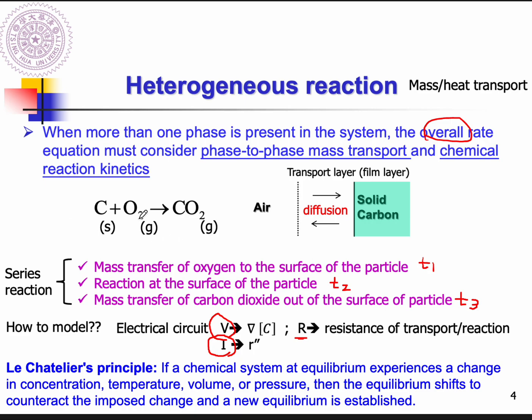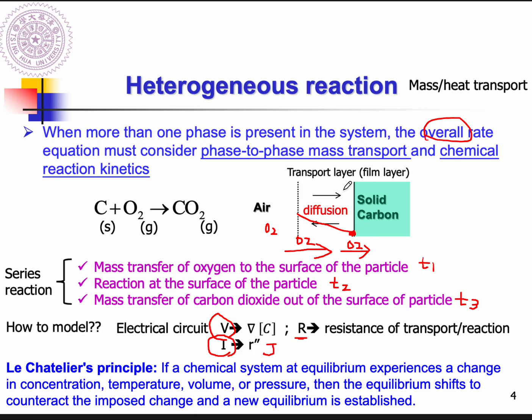What drives these reactions is the oxygen gradient, because oxygen is higher here, and when it arrives at the carbon surface, it drops to 0 because we assume the oxygen is consumed completely. This concentration gradient drives the flux, so the oxygen flux passing through the transport layer equals the oxygen flux reacting with the carbon. This is R double prime, which is the flux.